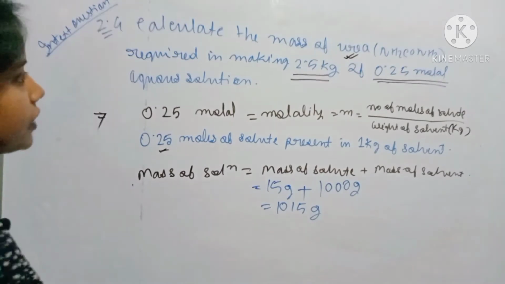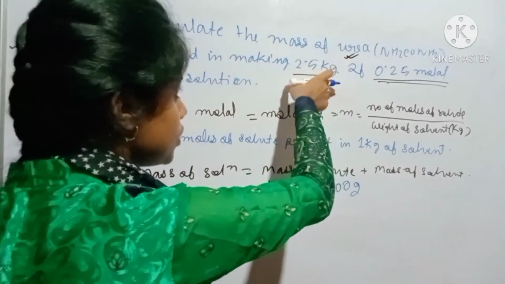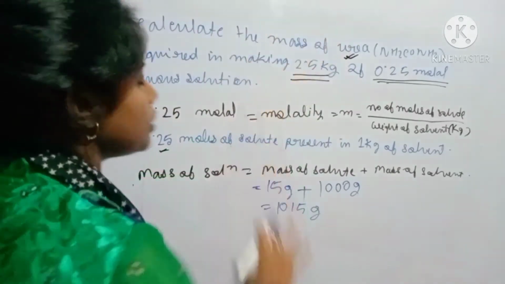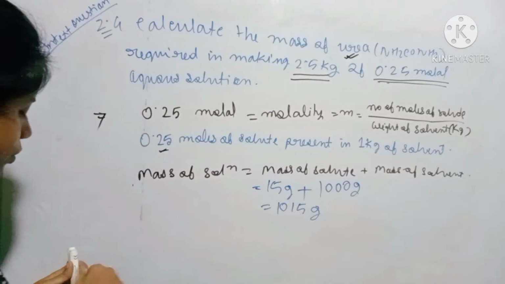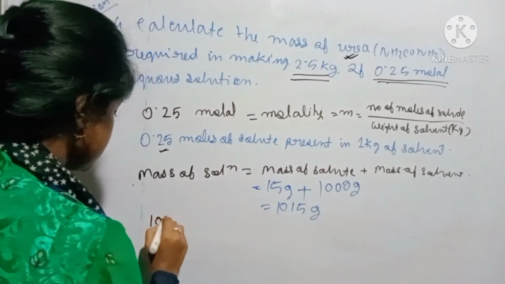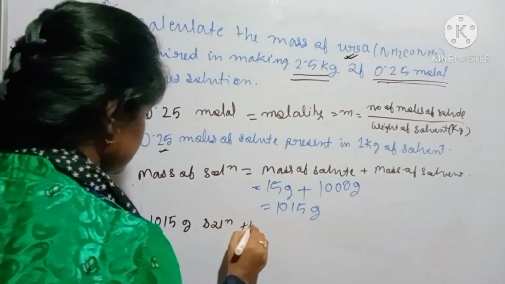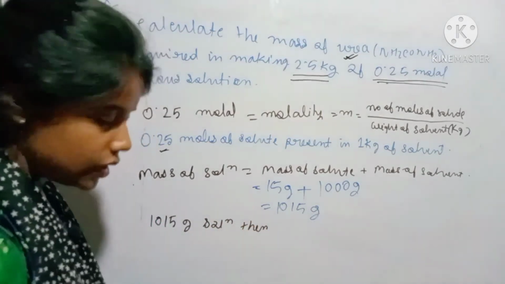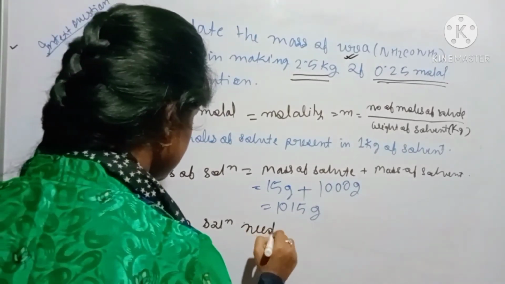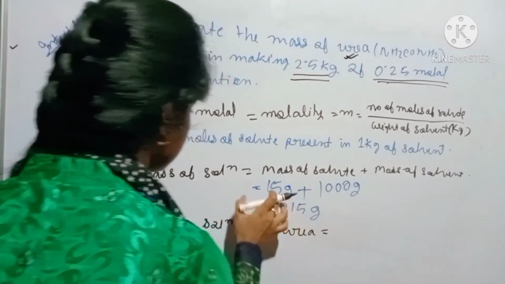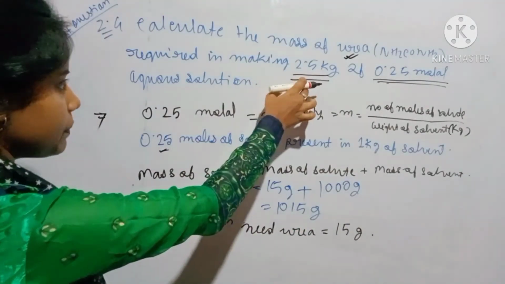Here it asks that if you require to make 2.5 kg of solution, then how much urea do you need. We can write it like this: if we want to make 1015 gram of solution, it needs 15 gram of urea.